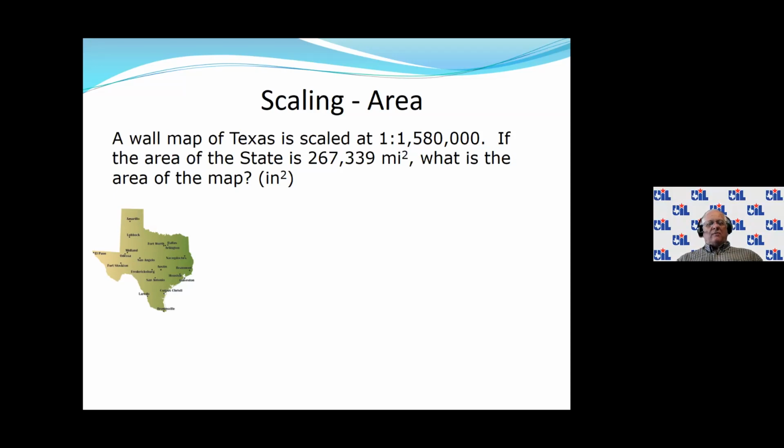So again, what I'm doing here is I'm relating two areas that are geometrically similar because they both have the shape of Texas, and I'm given a length dimension on both of them, but I get that from my scaling, 1 to 1,580,000, and I have the area of one, so I can get the area of the other, which is what we want to solve for.